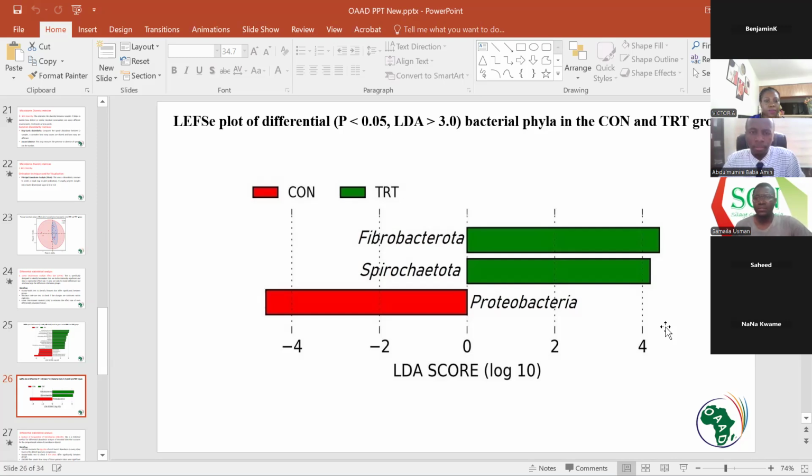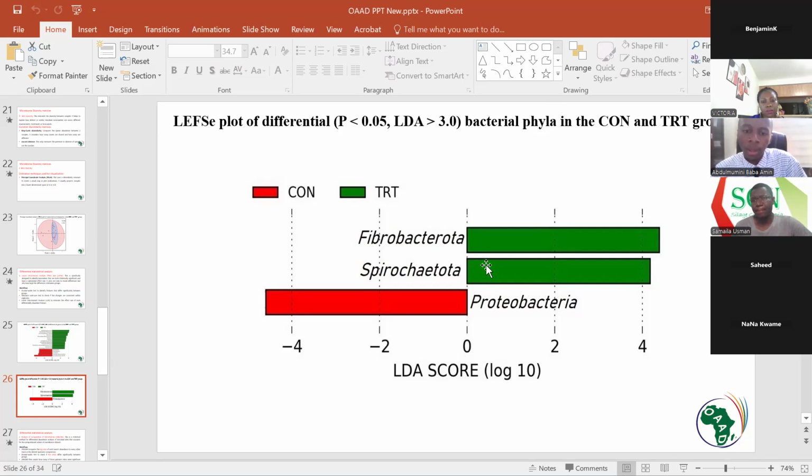Can it be that, as Said was trying to ask, the negative may give information relative to the other group, maybe it is down, accumulated less, or suppressed in comparison to the other group?